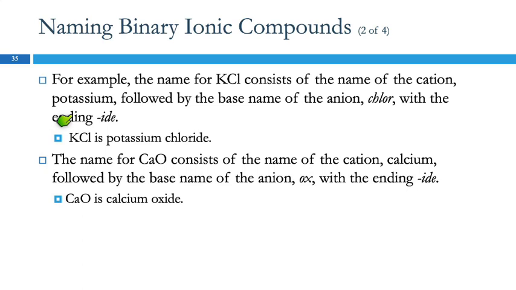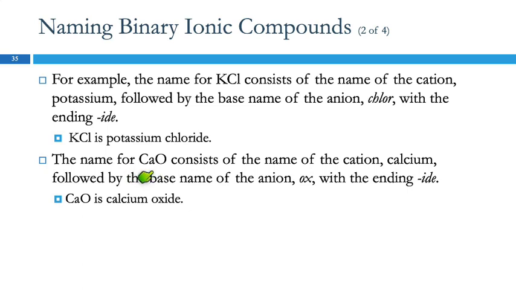So then we have the name of the cation, potassium, and his wifey here is chlorine, and so she changes the ending of her name to ide, chloride, and so potassium chloride. Compound names, element names are not proper nouns. You only capitalize it if it's at the beginning of a sentence. What about the polyatomic ions? We'll get to that. We're going to keep it simple, just a little bit longer.